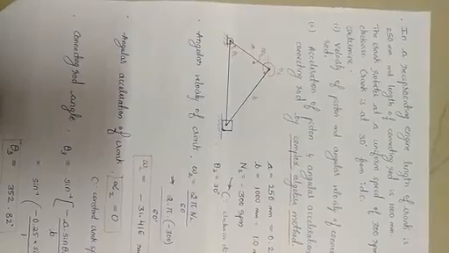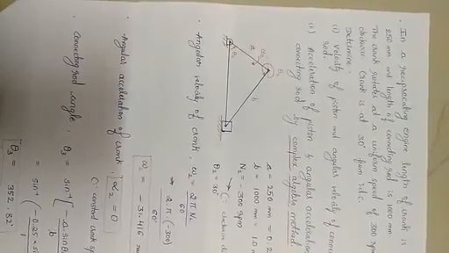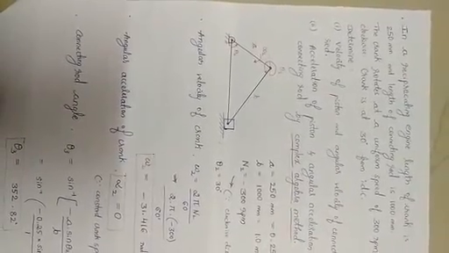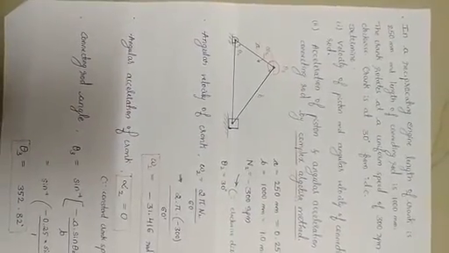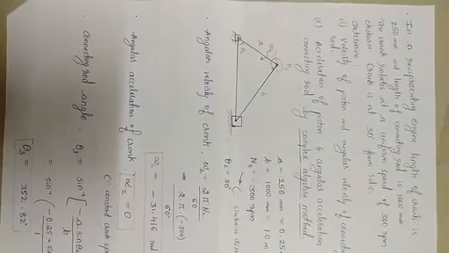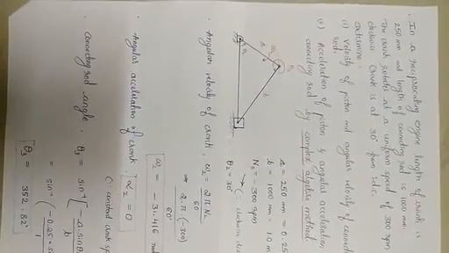In a reciprocating engine, the length of crank is 250 mm, the length of connecting rod is 1000 mm, and the crank rotates at uniform speed of 300 rpm clockwise.